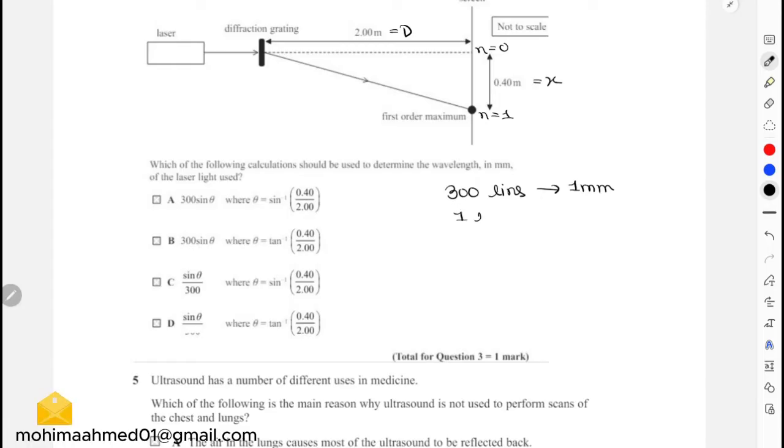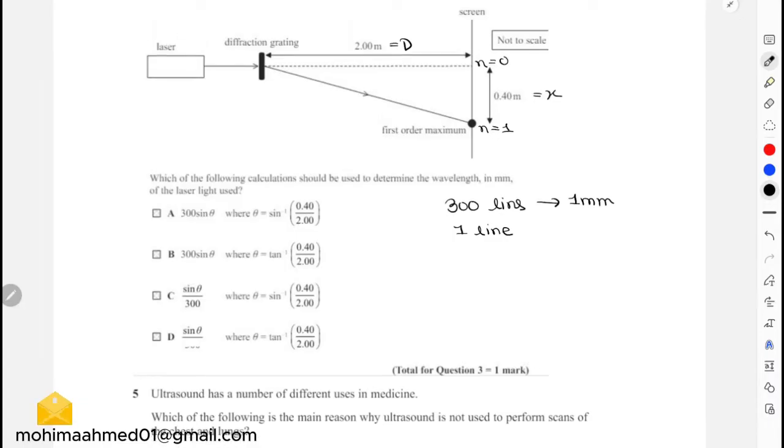So the gap between one line and the next is what small d represents, and this will be 1 over 300. Sometimes we have to convert this into meters, but as we want lambda in millimeters, there is no need to convert from millimeter to meter.